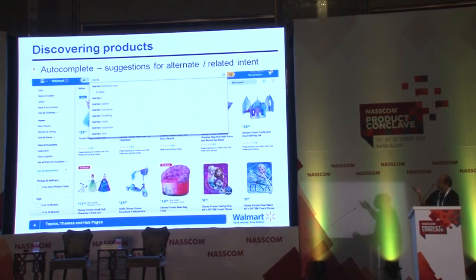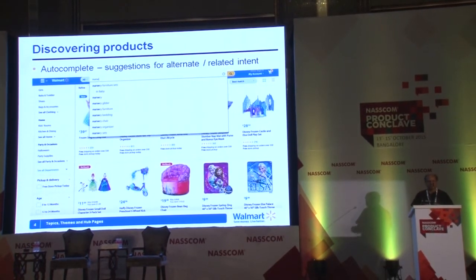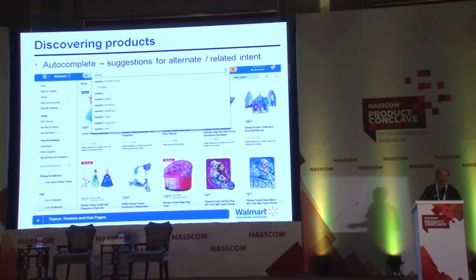So I started searching here for nurse. My intent was actually to search for nursery furniture. But while I'm searching for nursery furniture, nursery bedding is also suggested to me. Most autocomplete systems also list out, as you see in the top line, nursery furniture sets in baby. Most autocomplete systems also list out a bunch of categories that the suggestions fall under.